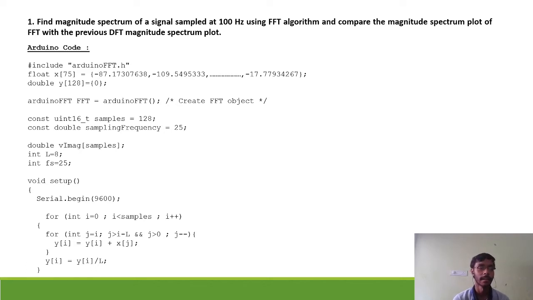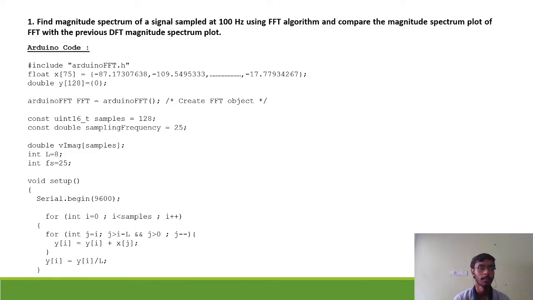Then I declared a double y vector containing 128 elements. Why 128? Because the nearest power of 2 after 75 is 128. For FFT there is a rule that we need to use 2 to the power n number of samples. Then we declare the object, FFT equal to ArduinoFFT.